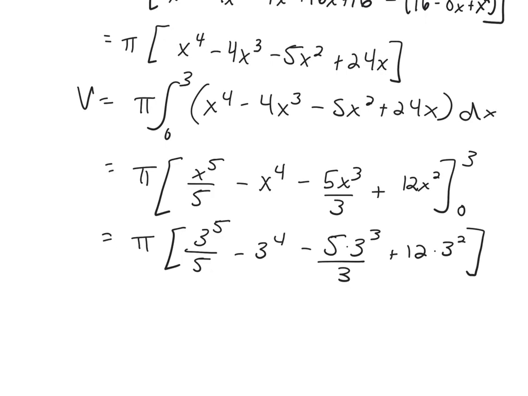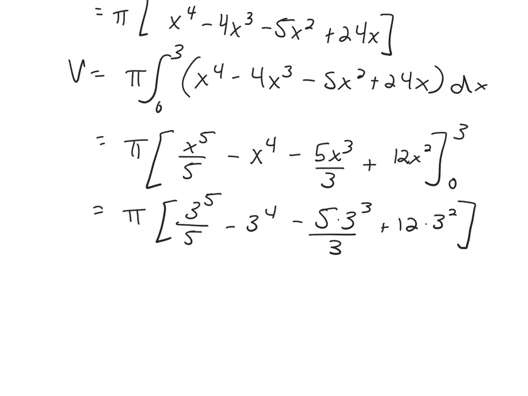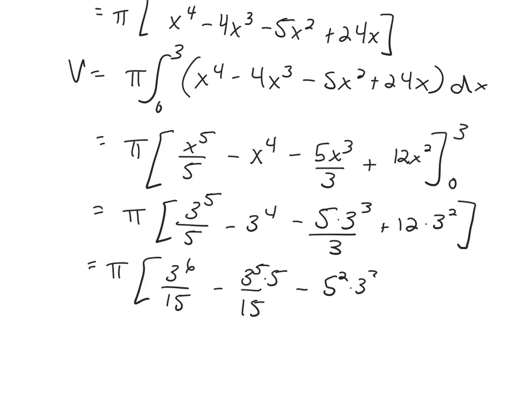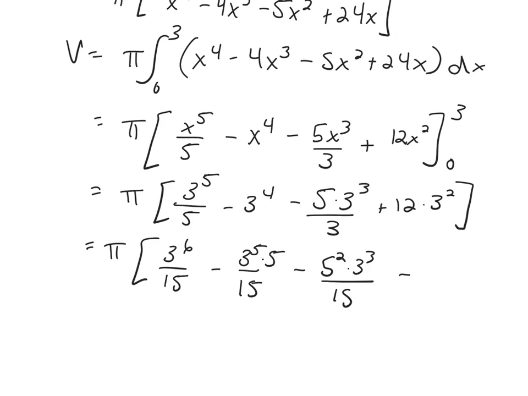Okay, so I'm going to get all these fractions to have the same denominator. So multiply the first one top and bottom by 3. And then here I need to multiply by both a 3 and a 5 on top and bottom. I need to multiply by 5, 5 squared, 3 cubed. And I need to multiply by a 3 and a 5.